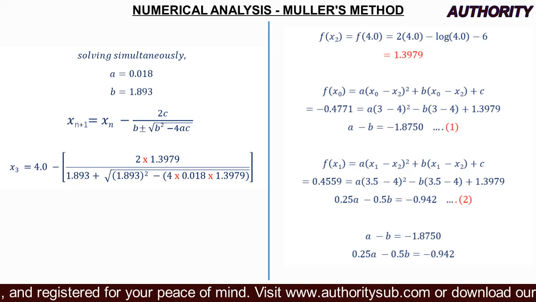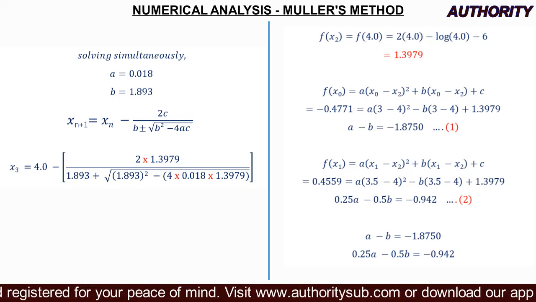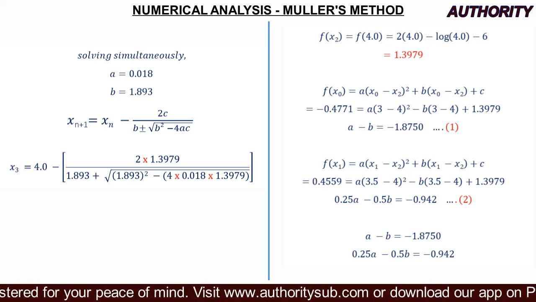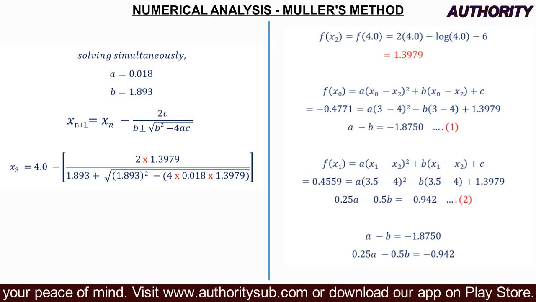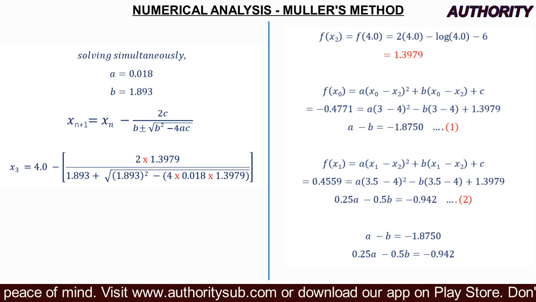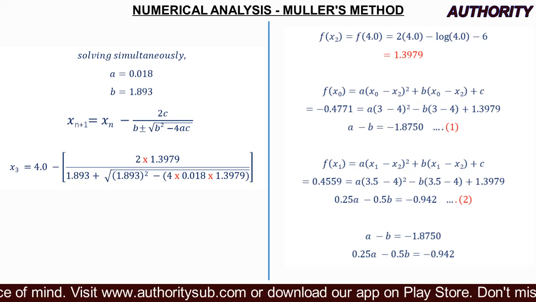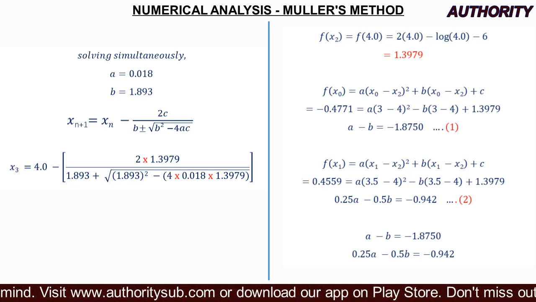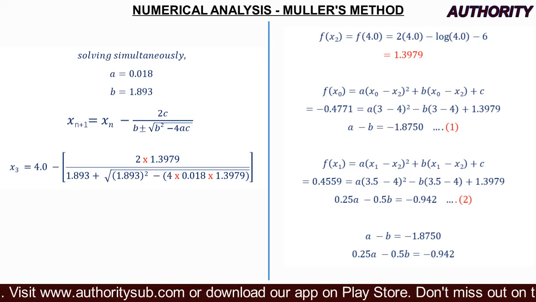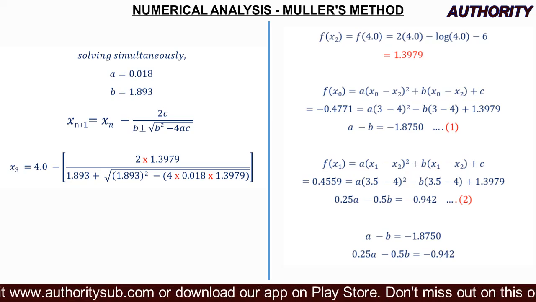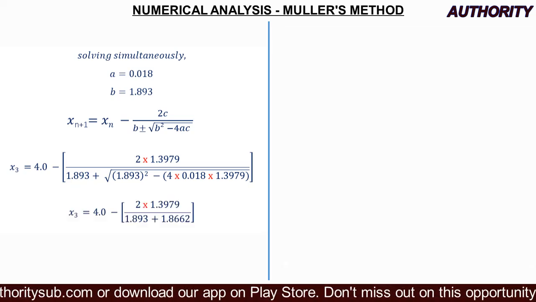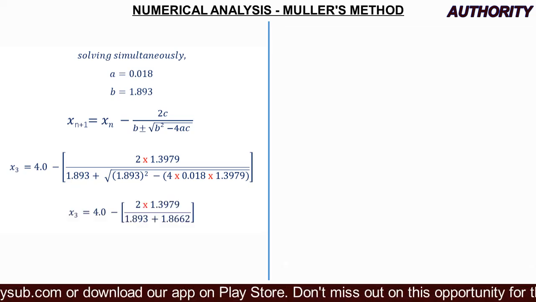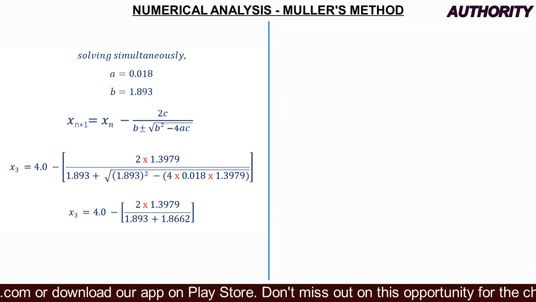1.3979. When you evaluate this, in your numerator you have 2 times 1.3979, which gives 2.7958, all over, in the denominator, when you simplify, 1.893 plus 1.8662.